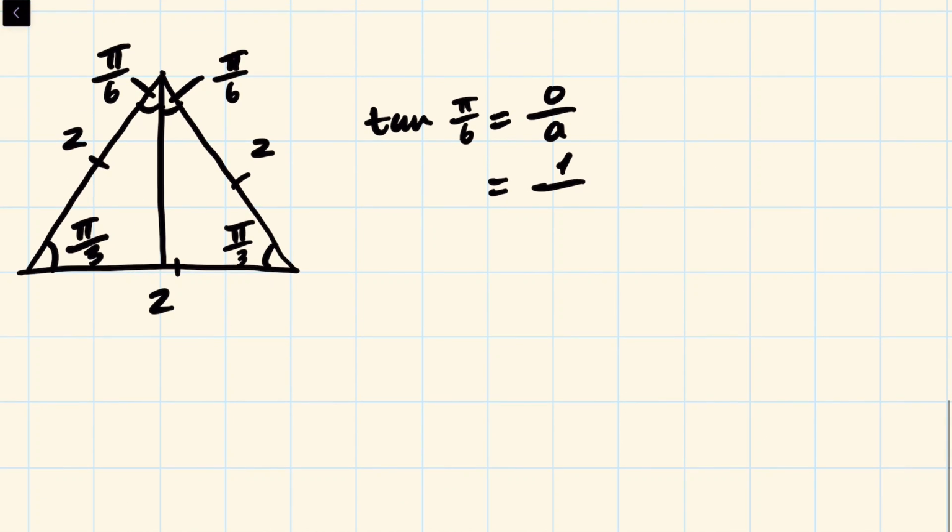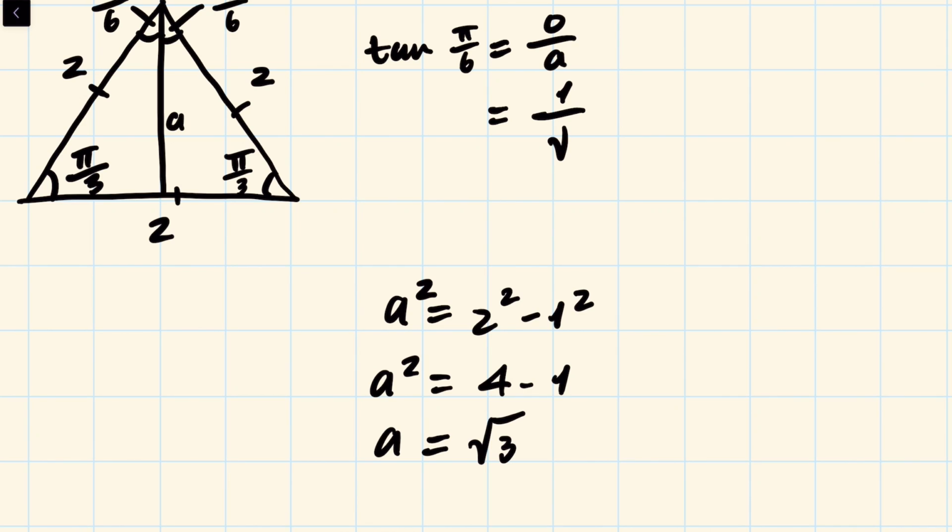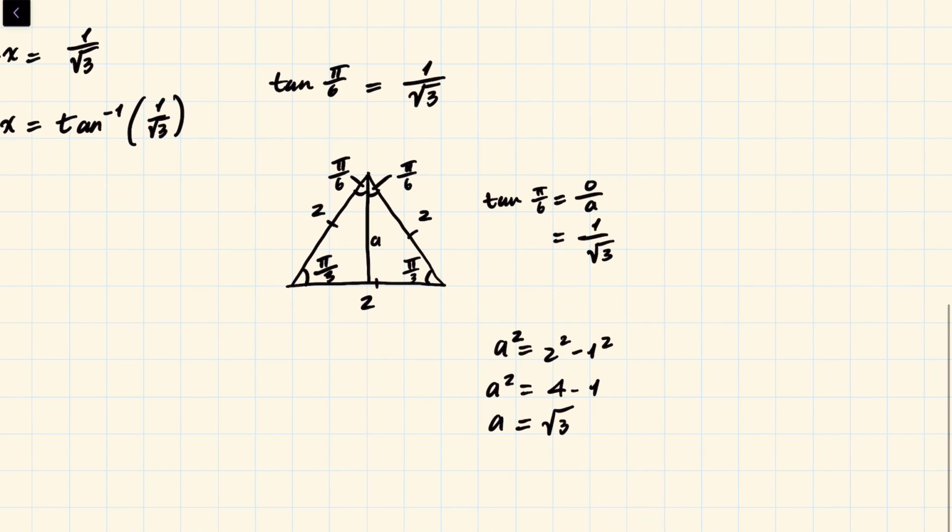But how do we find that? So this mystery adjacent we'll call A. So A squared equals 2 squared minus 1 squared by Pythagorean theorem. That's 4 minus 1. So that means A is equal to root 3. And therefore tangent of pi over 6 is 1 over root 3.